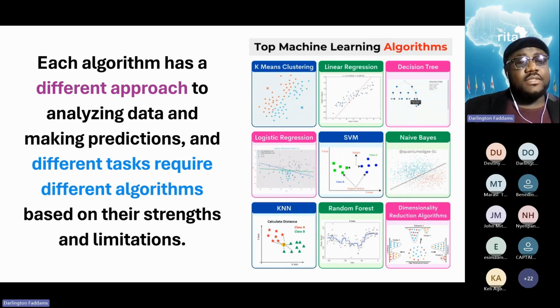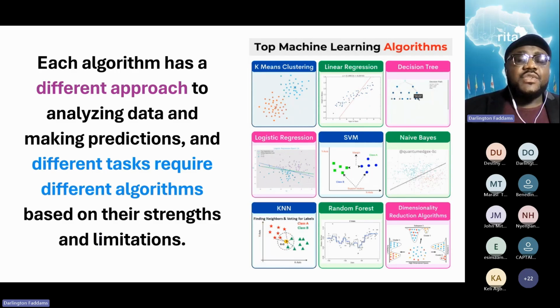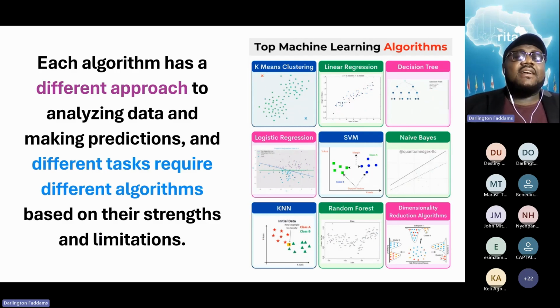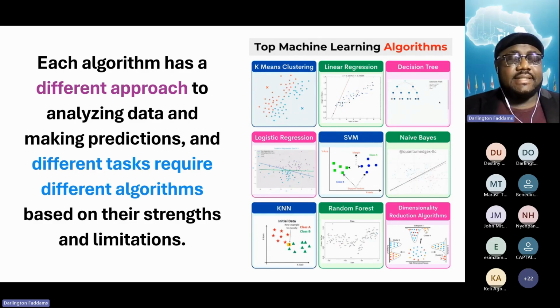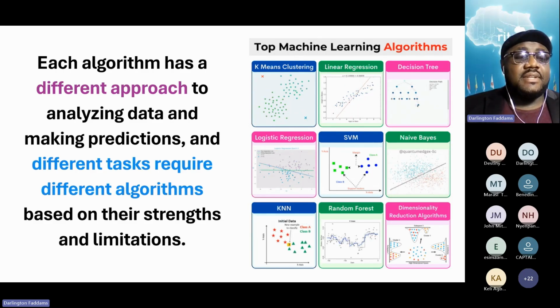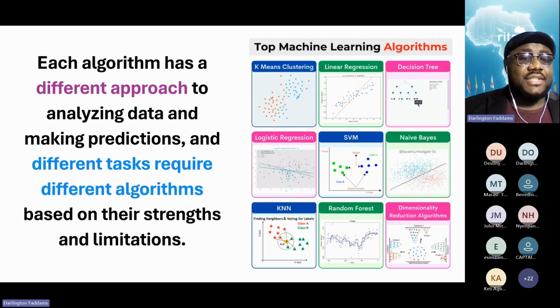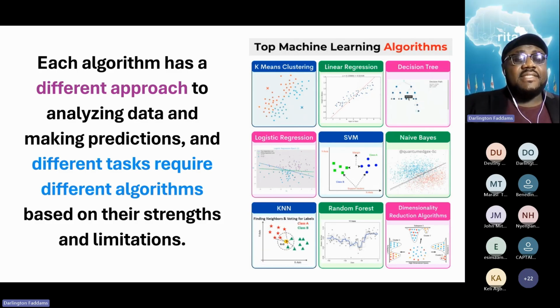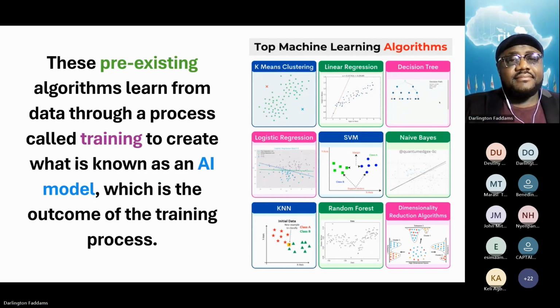Then it is now called a model. Each one has its purpose. When we look at logistic regression, you'll understand why we didn't use linear regression, because what we want to do with logistic regression, linear regression cannot do. So we need to use logistic regression for that. Each one has a different approach to analyzing and making predictions from data, and different tasks require different algorithms. That's so powerful.